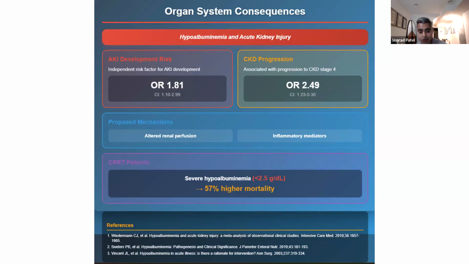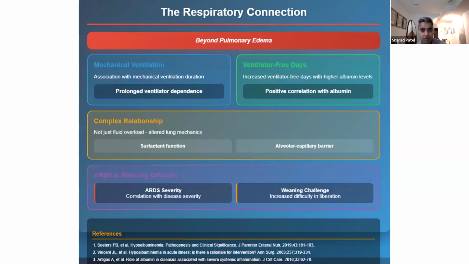In the ICU, for patients on CRRT, who are already likely highly inflamed and critically ill, severe hypoalbuminemia, less than 2.5 grams per deciliter or 25 grams per liter, carries a greater than 57% higher mortality. So it's highly prognostic and likely consequential and causal as well.